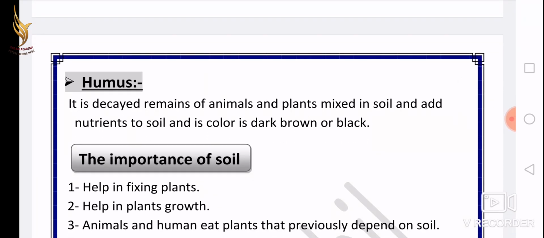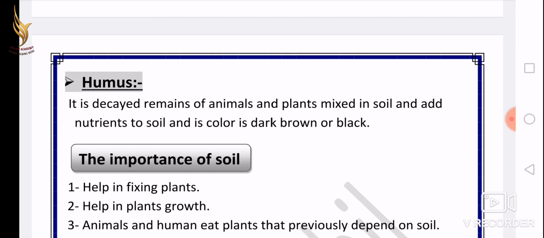Humus, it is the decayed remains of animals and plants mixed in soil and adds nutrients to the soil. When the living organisms die, their bodies contain minerals and elements like calcium, nitrogen, sodium, potassium. When these organisms die, these elements return back to the soil.